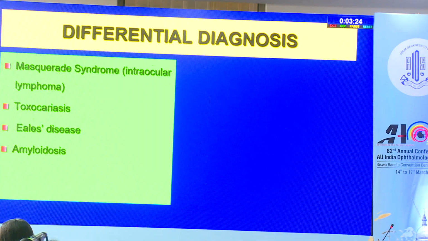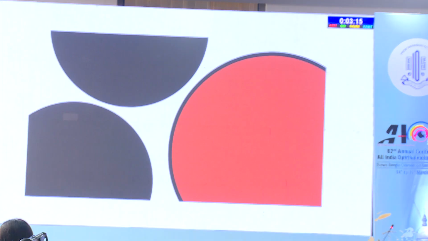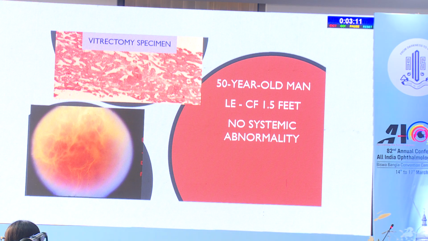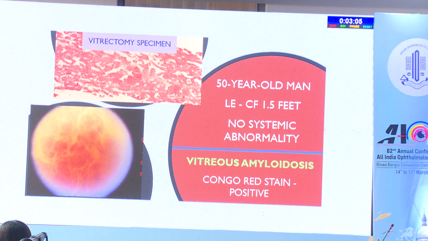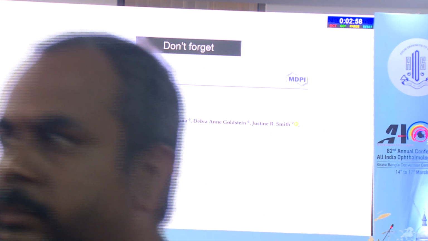Masquerade syndromes, toxocariasis, Eales disease, and amyloidosis can mimic intermediate uveitis. This is toxocariasis. And this is amyloidosis, which on vitrectomy showed Congo red stain positivity with birefringence under polarizer applications. So we have primary non-familial amyloidosis of the vitreous mimicking intermediate uveitis.